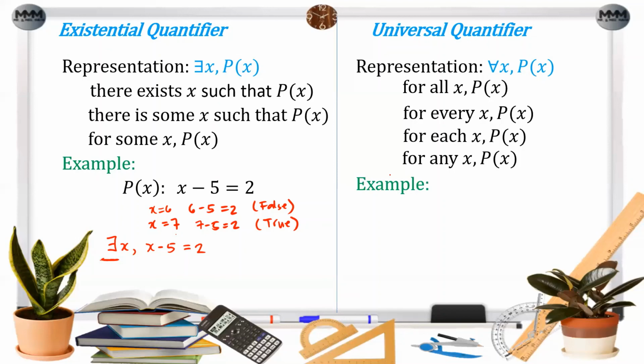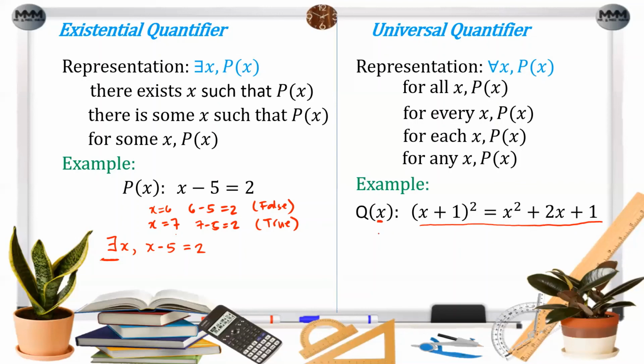So for example, we have here a predicate u of x. We have here the square of x plus 1 is equal to x squared plus 2x plus 1. Now, in this case, if we substitute any real number for x, any value for x, this predicate is always true.